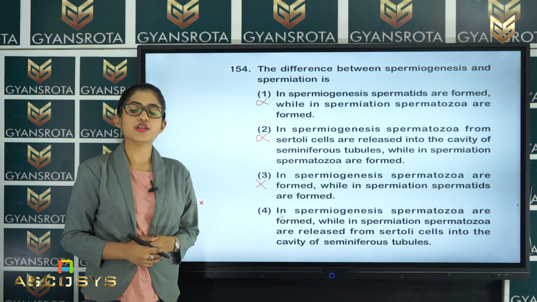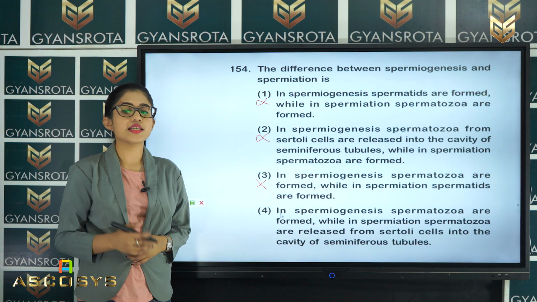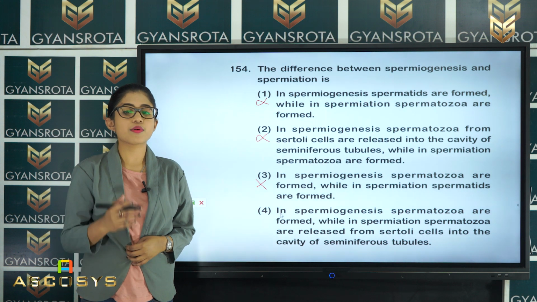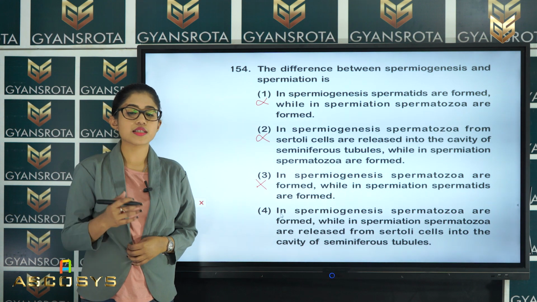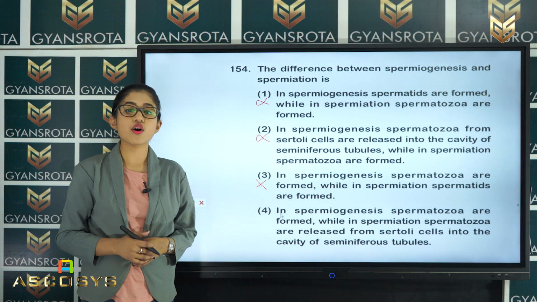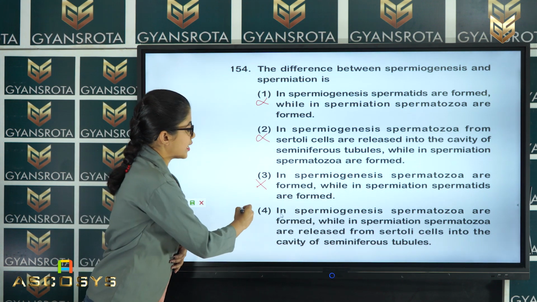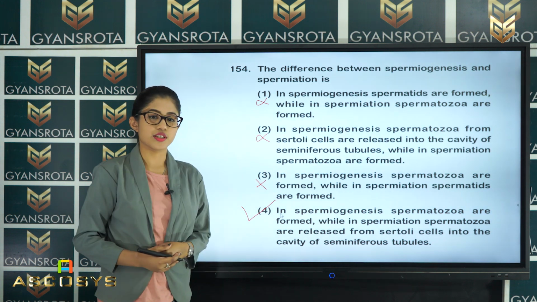And in the last option, you can see here, in spermiogenesis, spermatozoa are formed, while in spermiation, spermatozoa are released from Sertoli cells into the cavity of the seminiferous tubules. So, this is the correct answer to this question.